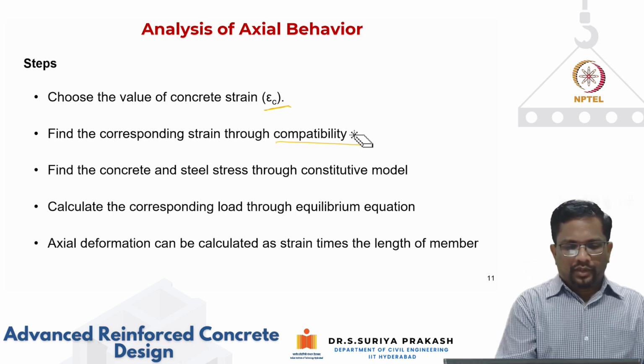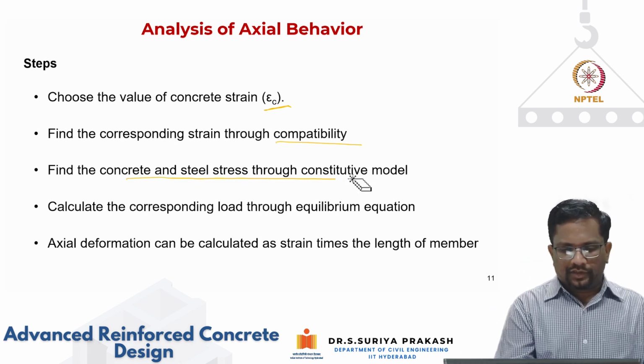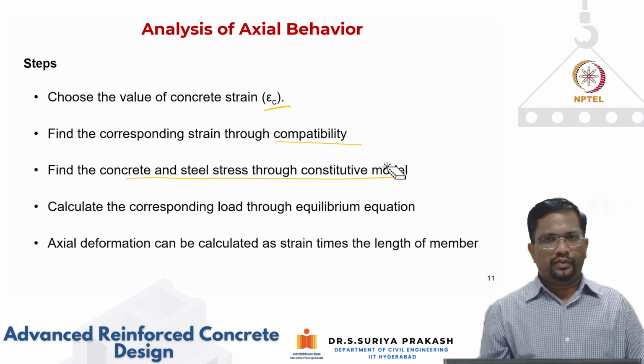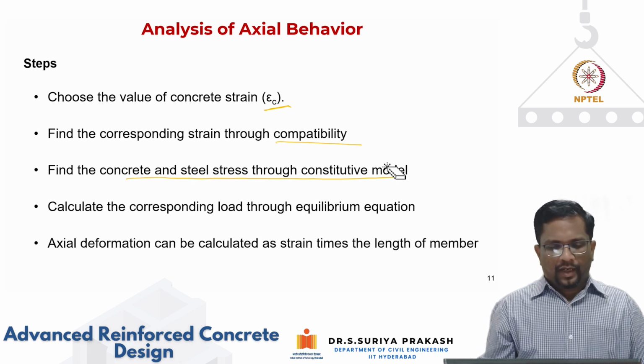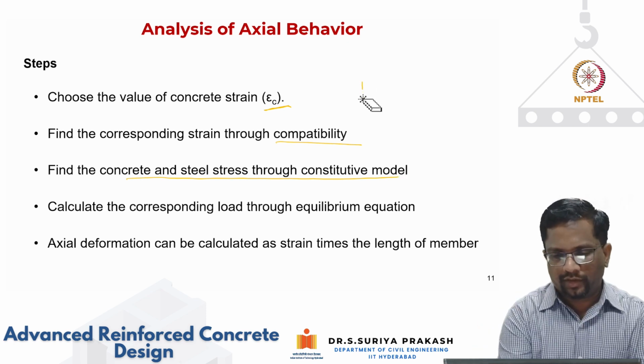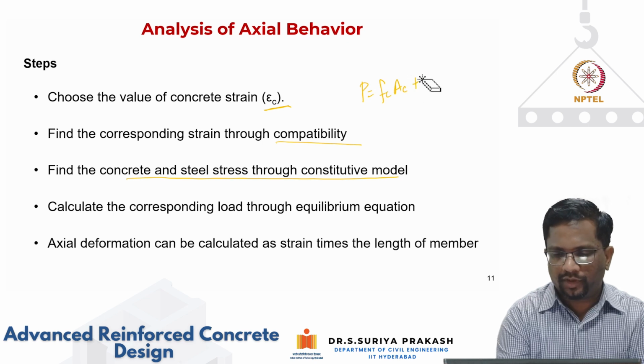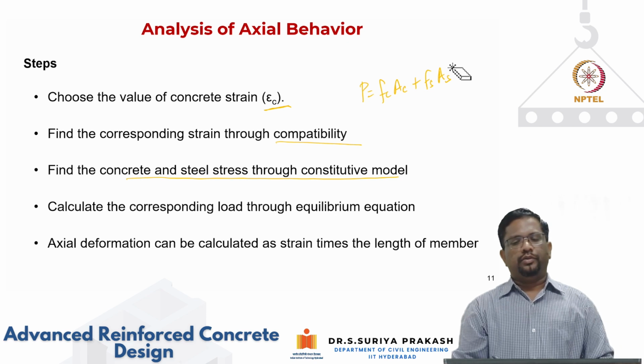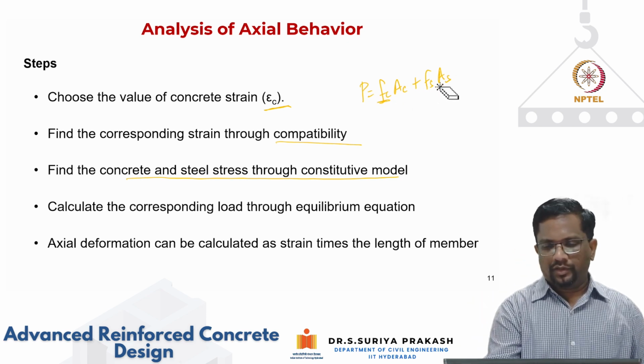Then you find the concrete and steel stresses through the constitutive model that we discussed in the previous slide. Once you know the stresses, the load can be calculated as Fc multiplied by Ac plus Fs multiplied by As. So the key is to find stresses.